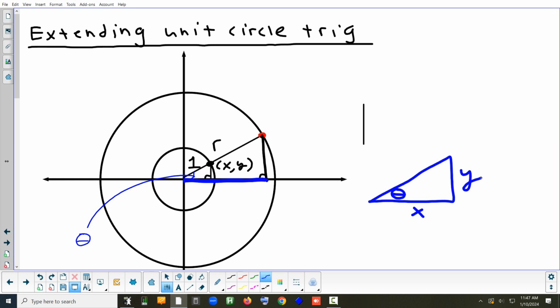Okay, and what would be the length of the hypotenuse on this big triangle? r, just r. Okay, so let's imagine just taking this point, and instead of having it on a unit circle, I want you to move it out so it's right there. So now the length of the bottom side is x, the height of the triangle is y, and the hypotenuse is no longer a 1, it's an r.